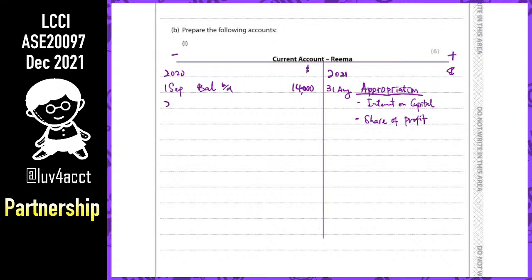For appropriation, interest on drawings is on the debit side because the partners have to pay the business. Interest on drawings. And apart from this, we also have one more item, that is drawings.